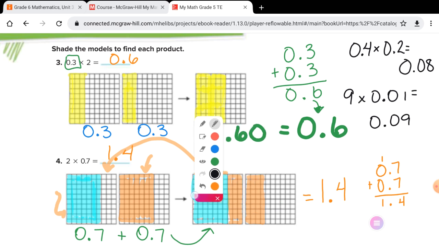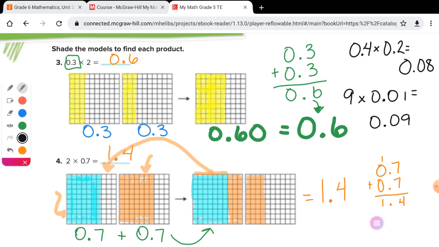Does anybody notice anything? Even if you're not completely sure what's happening. Bryce, what's something you notice?